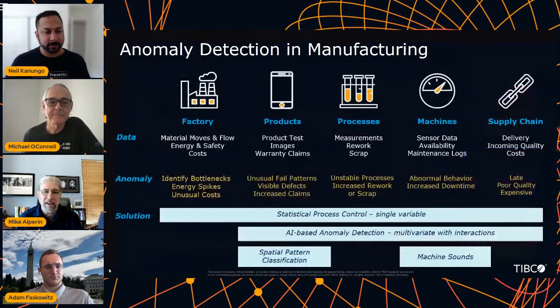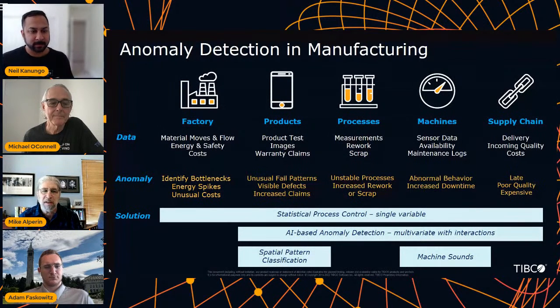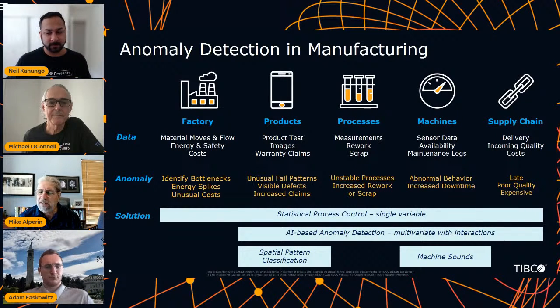Manufacturers are just inundated with this blizzard of data from many, many different data sources. And one of the keys is what to do with all that data. This is where the anomaly detection really helps. In routine production, the vast majority of this data can be safely ignored since it just indicates that things are behaving normally.